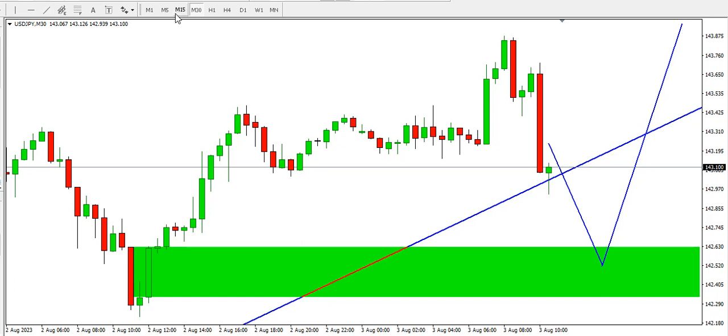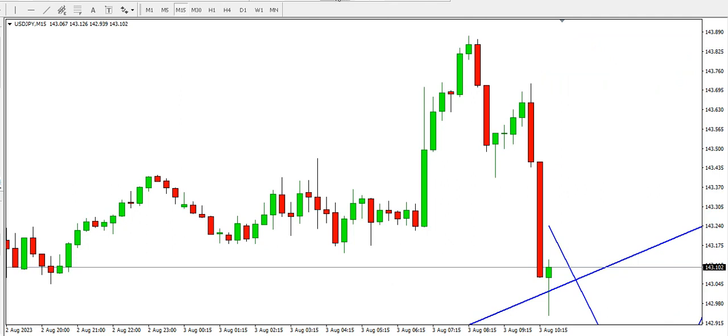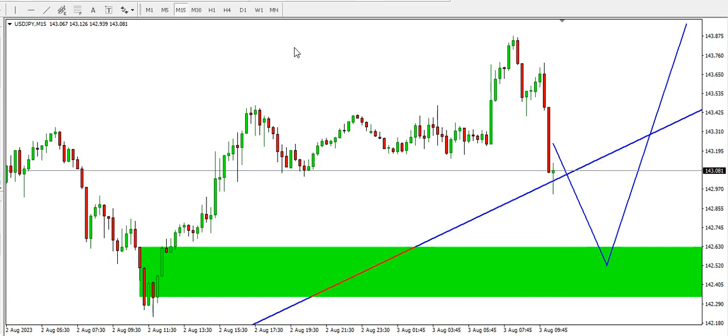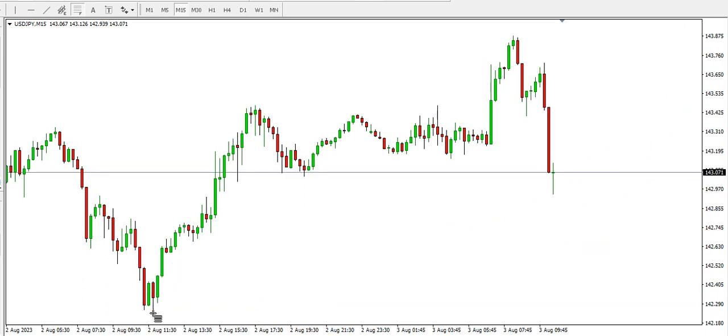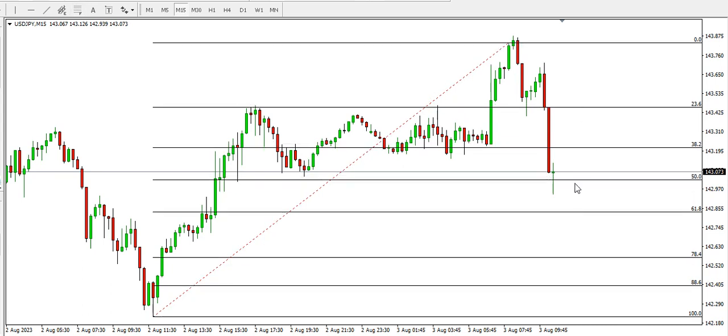All right, on the 15-minute time frame, USDJPY is still bullish. Now, using Fibonacci, price has reversed to the 50% Fibonacci level.